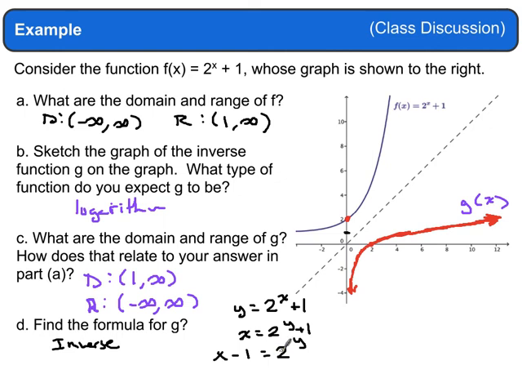And if I want to get this 2 by itself, I'm going to log base 2 both sides. So therefore my result is going to be log base 2 of x minus 1 equals y. And that would be the function that I just graphed.